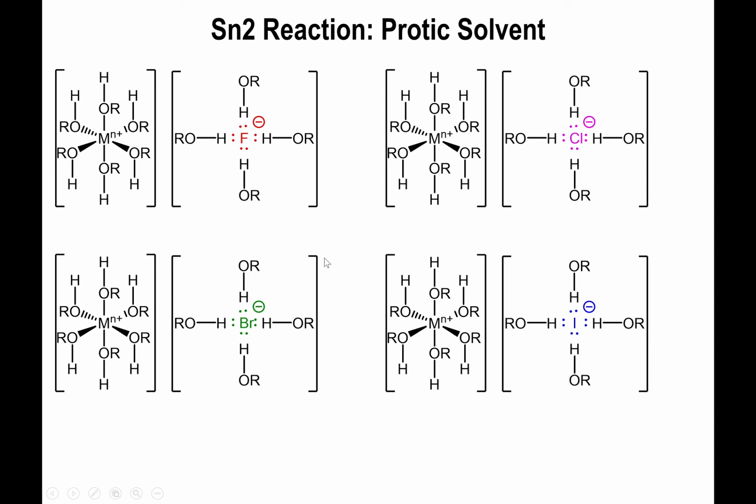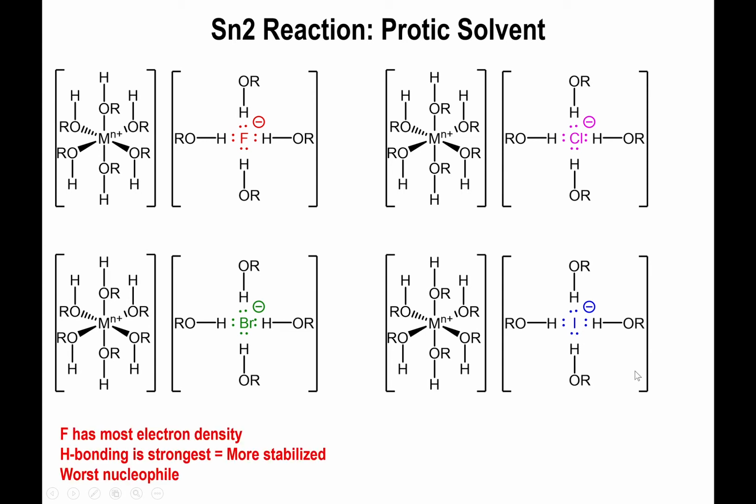But the thing is that fluoride is the smallest out of the halogens, and as such, it has the greatest electron density. The size per charge is the greatest for fluoride, and so the interaction with the partially positively charged portions of the solvent molecule with the fluoride is going to be a lot higher than it is for chloride, which itself is going to be higher than it is for bromide, which itself is going to be higher than it is for iodide.